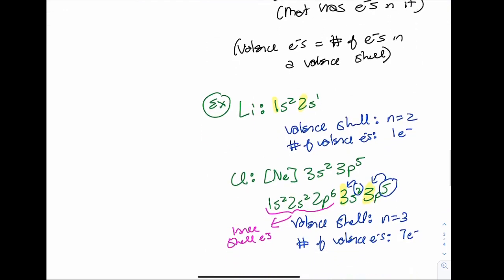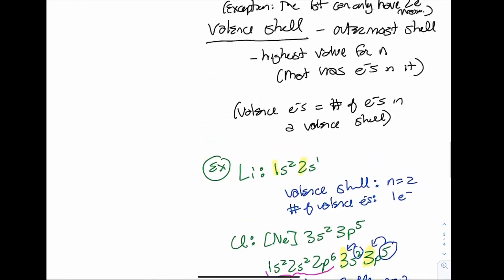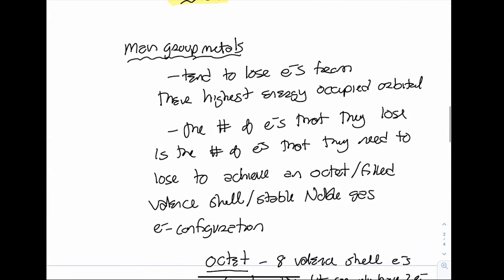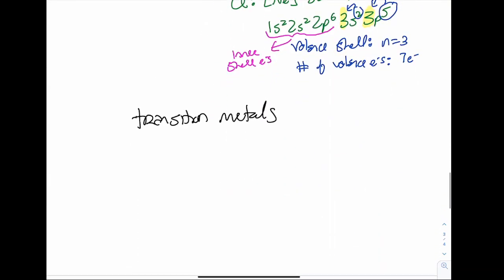And then this stuff we had just talked about. So for our transition metals, they're still metals, so they're still going to tend to lose electrons. They're going to form cations. But if I go back up here to my main groups, we said they're going to lose them from their highest energy occupied orbital. For my transition metals, these are going to actually lose them from the valence shell first, which isn't always the highest energy occupied orbital, and then it will lose it from the higher energy orbital if it needs to.